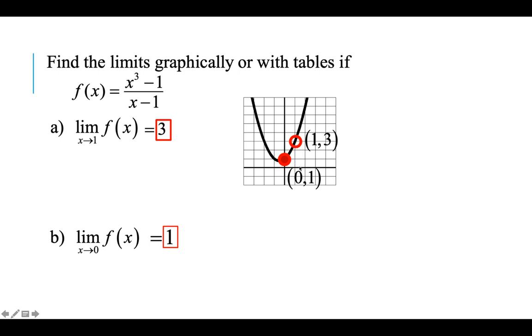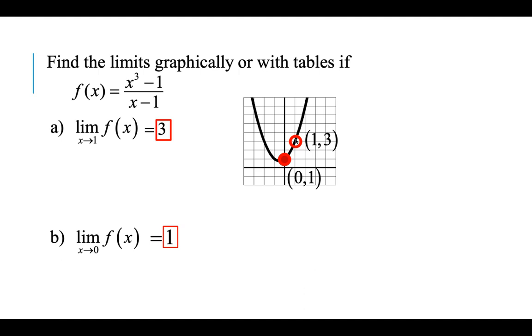What happens if we approach from the right? If we go to values a little larger than 1 and move in from the right, we're going to approach 3 also. So the limit as x approaches 1 of f of x is 3.